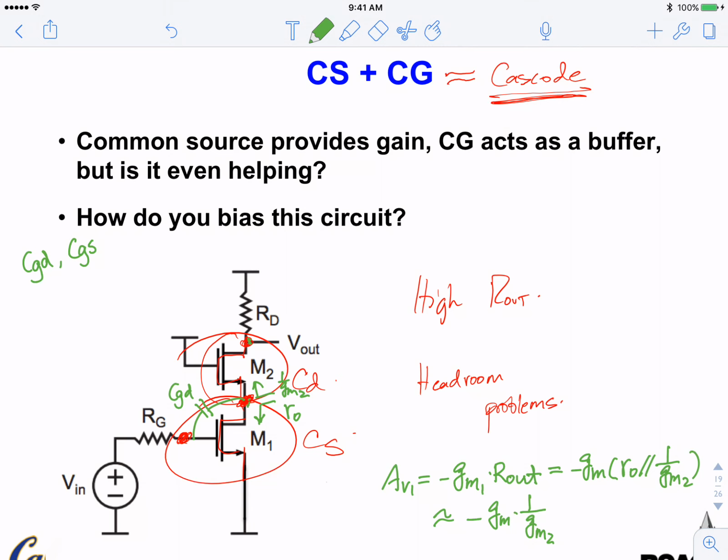The two transistors don't necessarily need to have the same GM. Remember, GM is related to the size of the transistor, W over L. If these two transistors don't have the same W over L, even though they have the same current, because they are biased in the same vertical chain, GM could be slightly different. But for our purposes, we say they are comparable. So the gain here is minus 1.